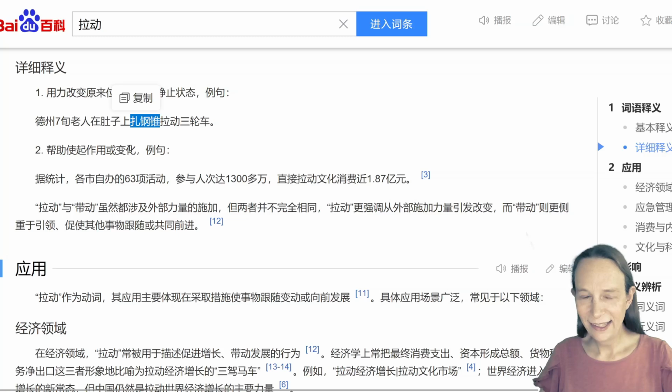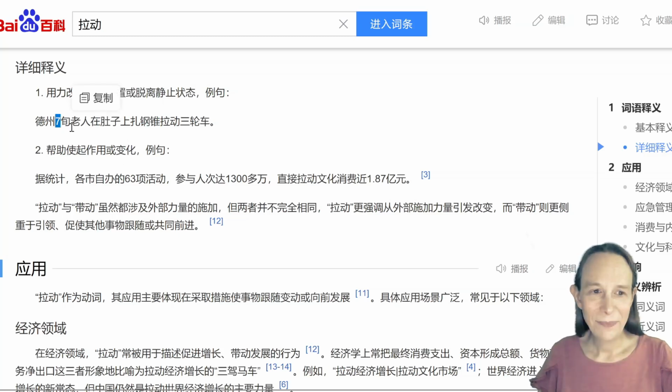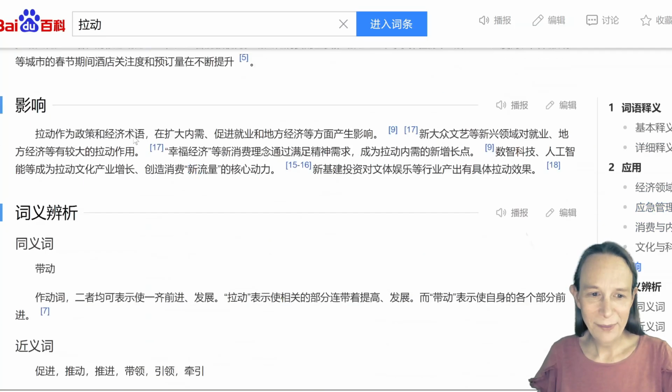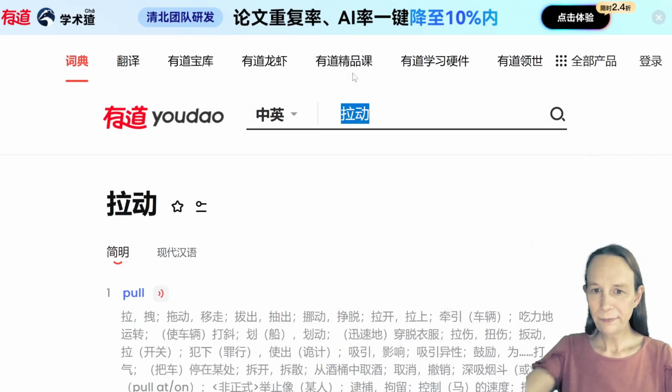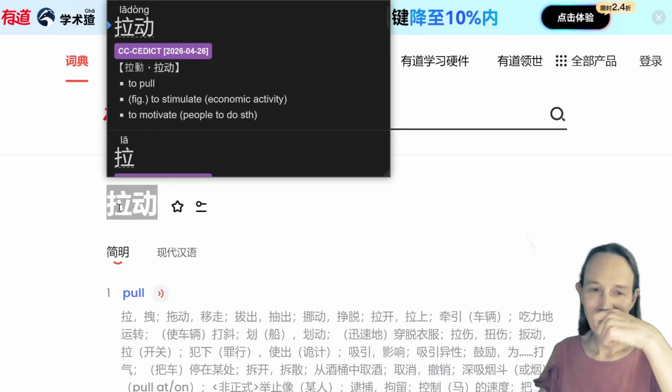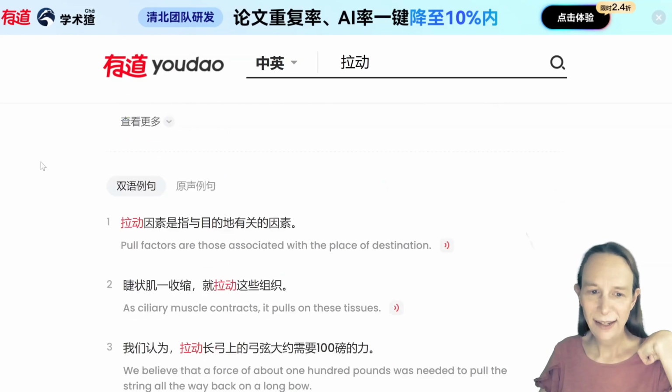What is this? I don't know. What's it got to do with the tummy and time period? All right, let's move on. Maybe these examples are just not the most useful. 拉动, so pull, but more like pull in the sense of stimulate, motivate.